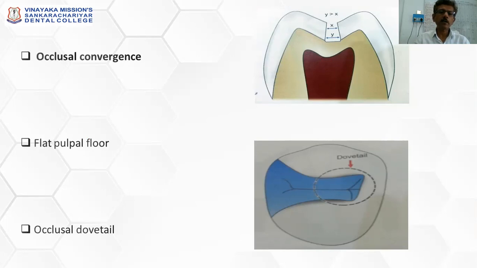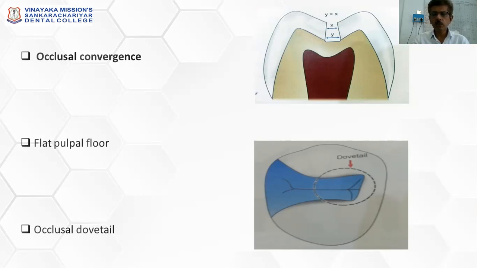Again, doing the floor at multiple planes will cause issues with the resistance form, especially the occlusal dovetail, and that's another feature that is incorporated in a class 1 cavity.